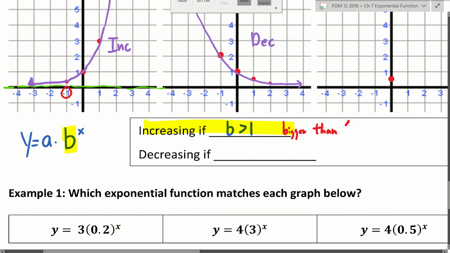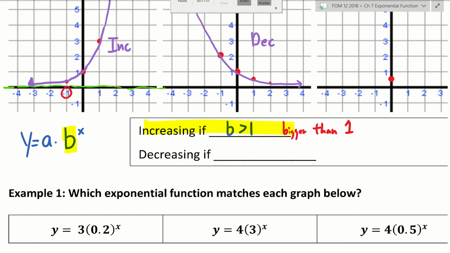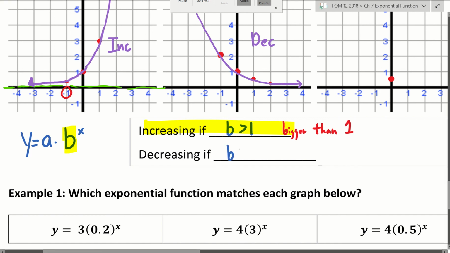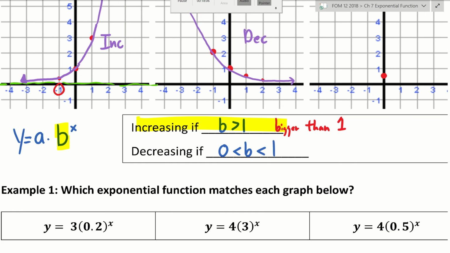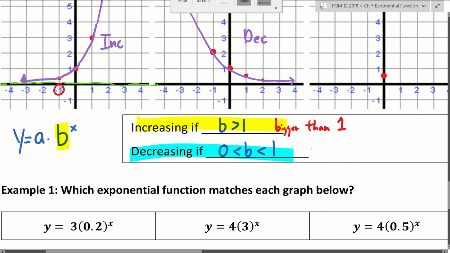Now, if the base is between 0 and 1, that means we're not talking about negative numbers here. It's just a number less than 1, for example 0.5, 0.2, or a fraction. Then the function is decreasing. It could be a fraction or a decimal.